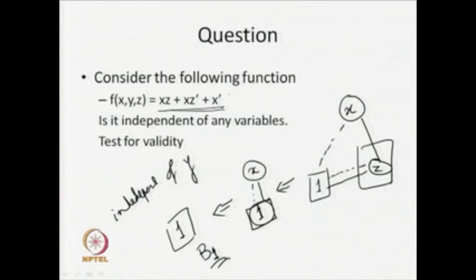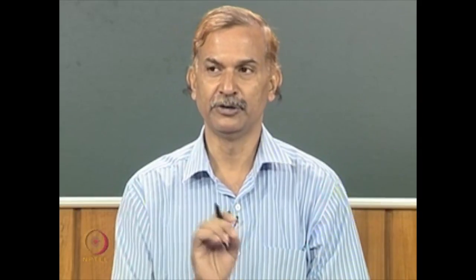Secondly, by looking at this function, I have said that it is independent of y. After looking at this BDD, I can say that it is independent of x, y and z, that means this function is independent of all these 3 variables. So, by looking at this BDD, we can take the decision very easily.